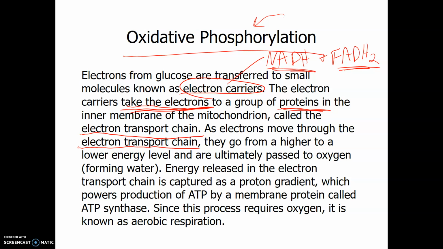Eventually they attach to oxygen along with hydrogen ions and form water. So we call oxygen the final electron acceptor.